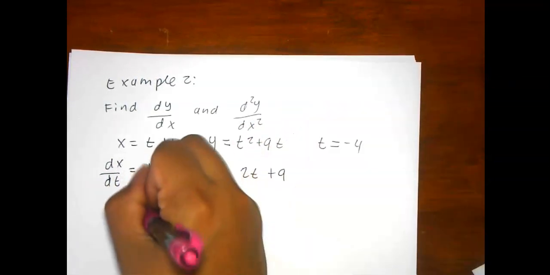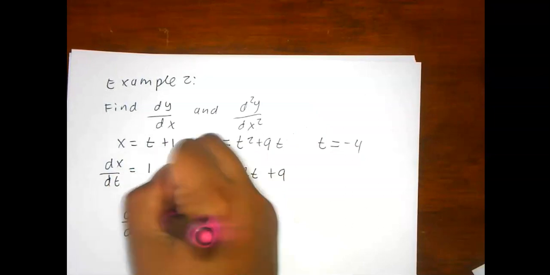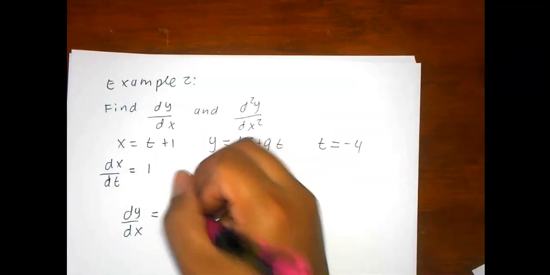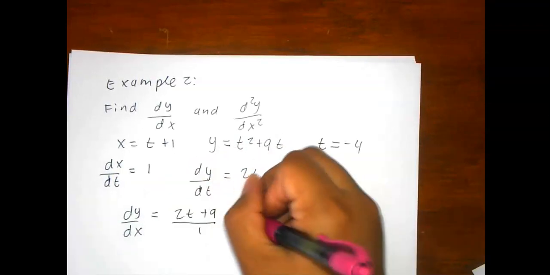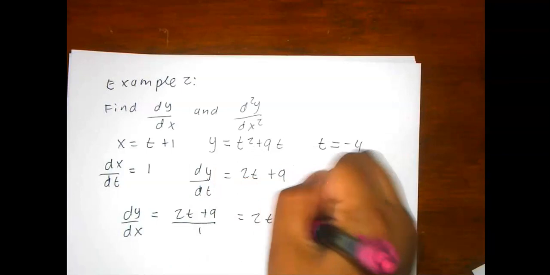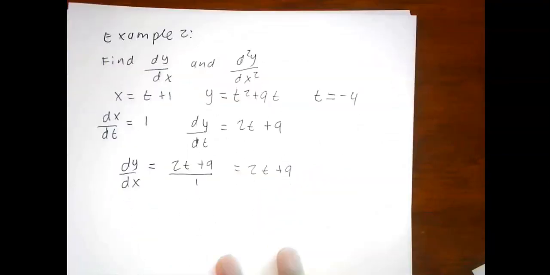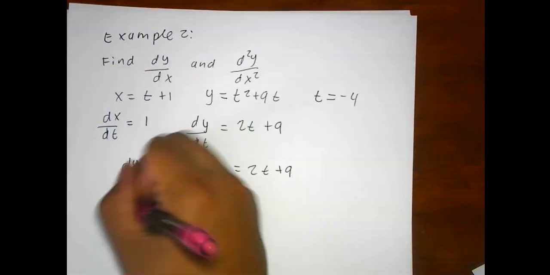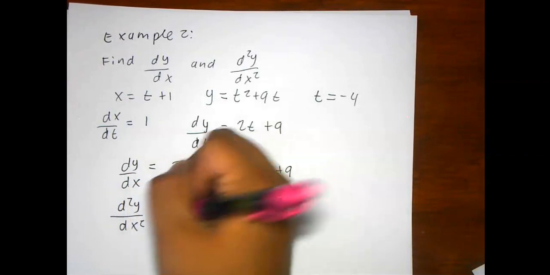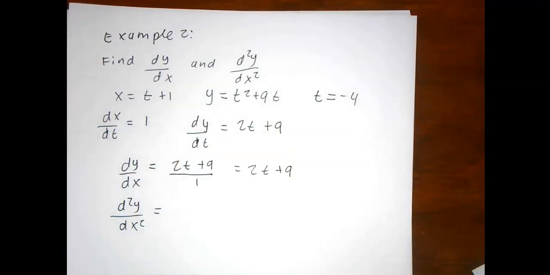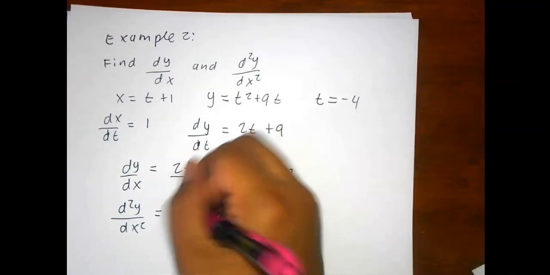Our dy/dx is going to be 2t plus 9 over 1, which simplifies to 2t plus 9. From here, we're going to take the derivative of this one to get the second derivative. Sorry, my baby's crying, but that's okay. So here, the derivative of this would just be 2.